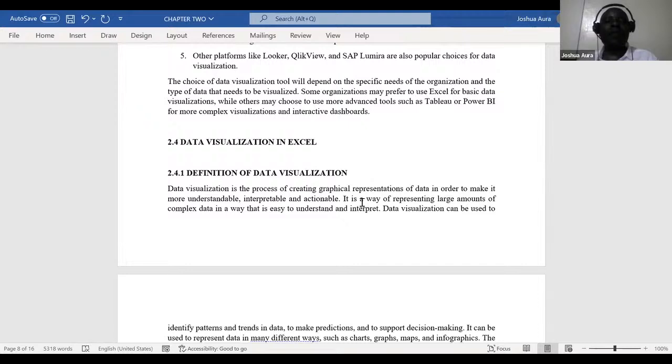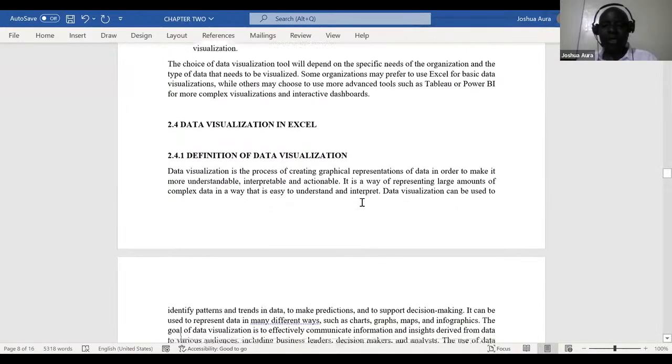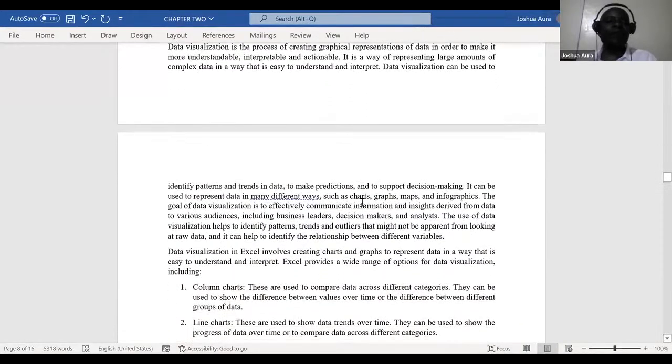It is a way of representing large amounts of complex data in a way that is easy to understand and interpret. Data visualization can be used to identify patterns and trends in data, to make predictions, and to support decision making. It can be used to represent data in many different ways, such as charts, graphs, maps, and infographics.